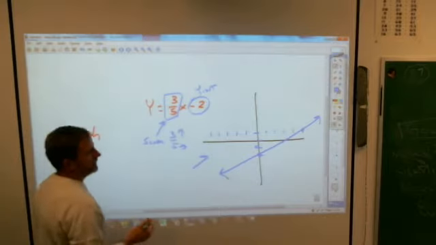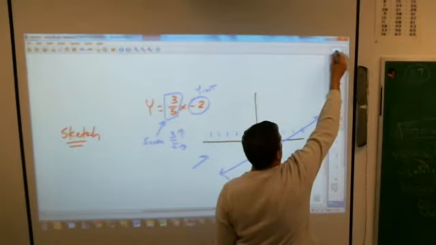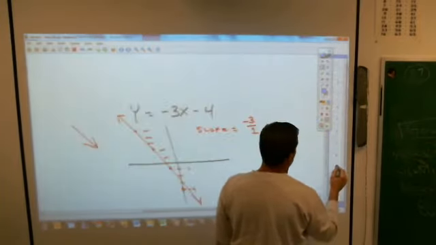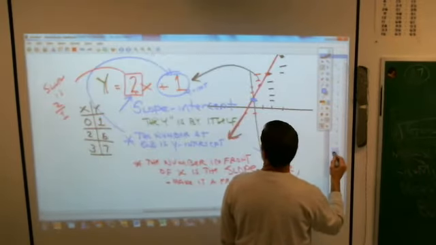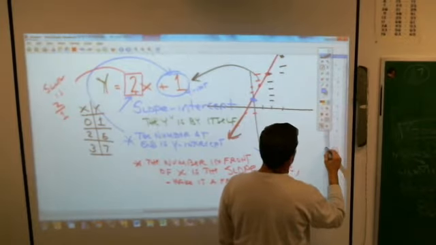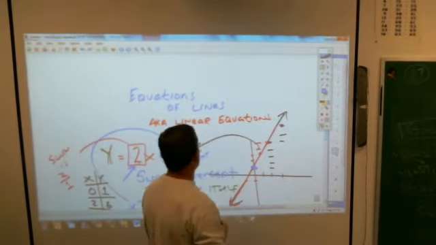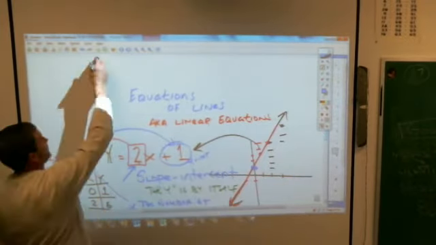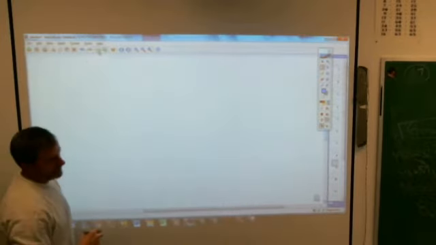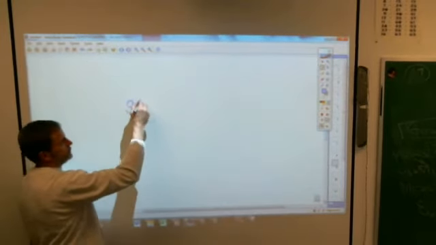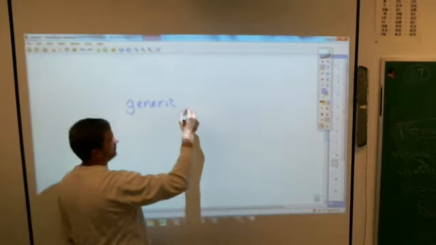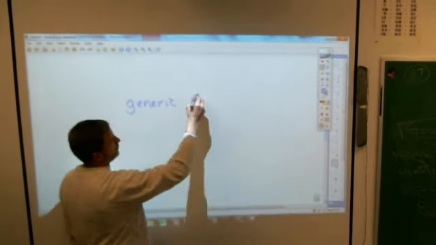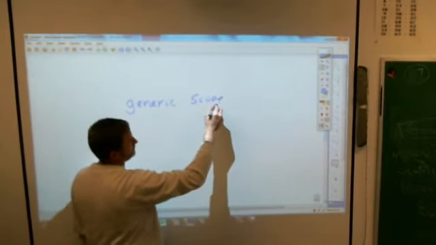Now, what I also need you to write down for this, we haven't put this down yet. Somewhere on your piece of paper, you need to write this down. There is what we call the generic slope-intercept formula.